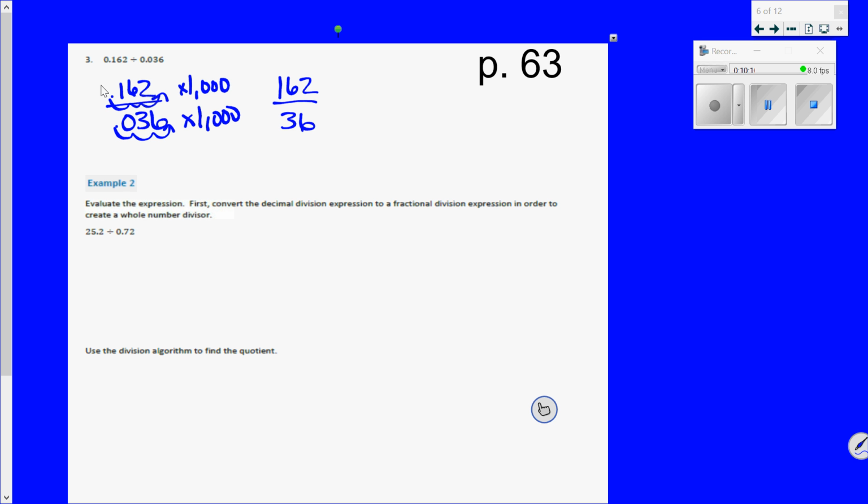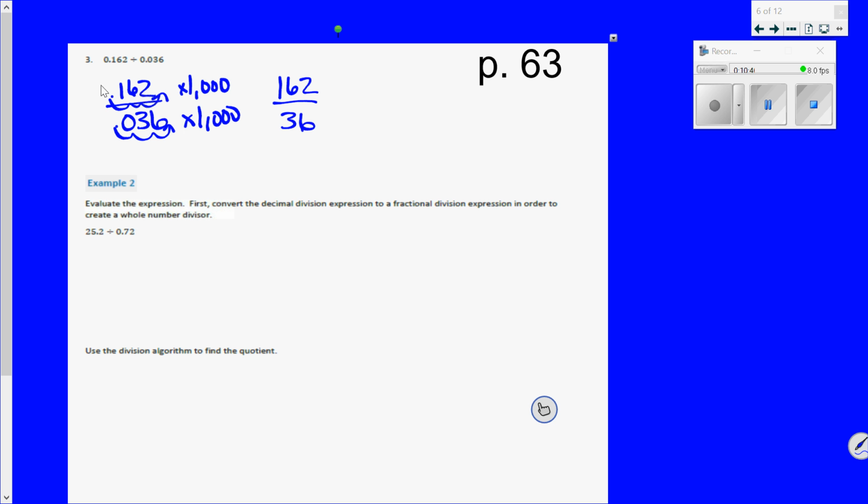Okay? Now, my question to you is, why are we doing this big focus on making my denominator a whole number? I'll give you a hint, do we divide by fractions? No. When we divided fractions, what did we do? How did we get our answers? Keep, change, flip. I had to multiply by the reciprocal, right?